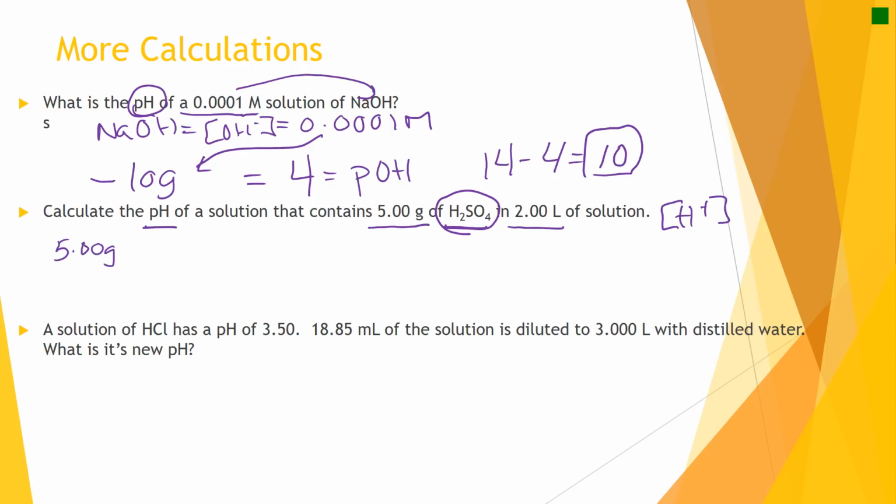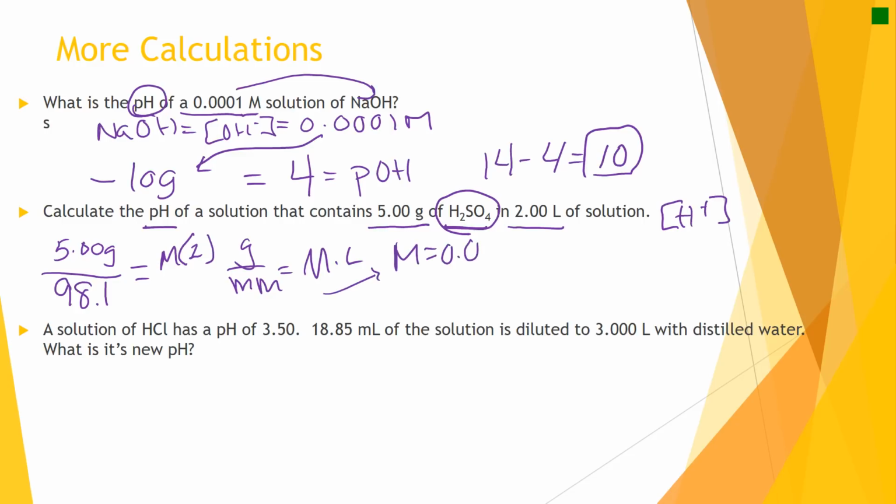Remember, I'm going to use the grams over molar mass equals molarity times liters formula that we learned in the making of solutions unit. So I divide by its molar mass, 98.1, which equals my molarity times my liters, which is 2. When I solve that, my molarity equals 0.0255 molar.